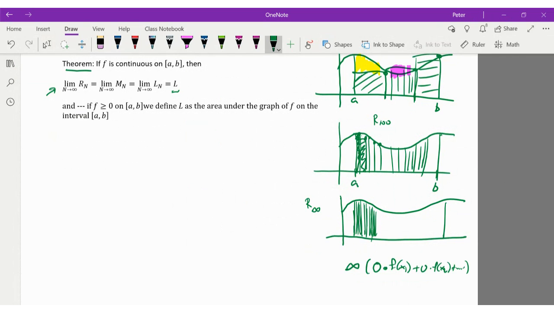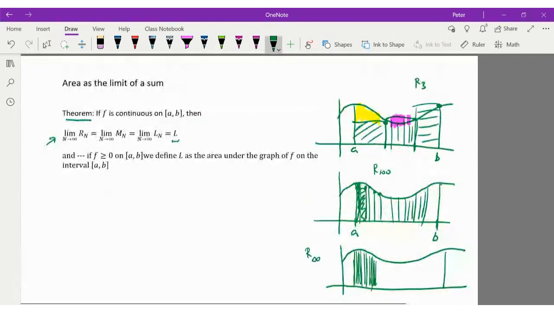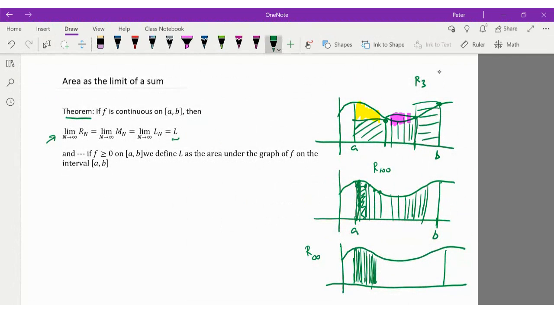What the theorem is saying is that once I make these rectangles infinitely skinny, and I put an infinite number of them, it doesn't matter whether I'm choosing the right endpoint, the midpoint, or the left endpoint. I'm going to get the same number. And that number is going to be the exact area under the curve. So this is how we are actually going to define area.